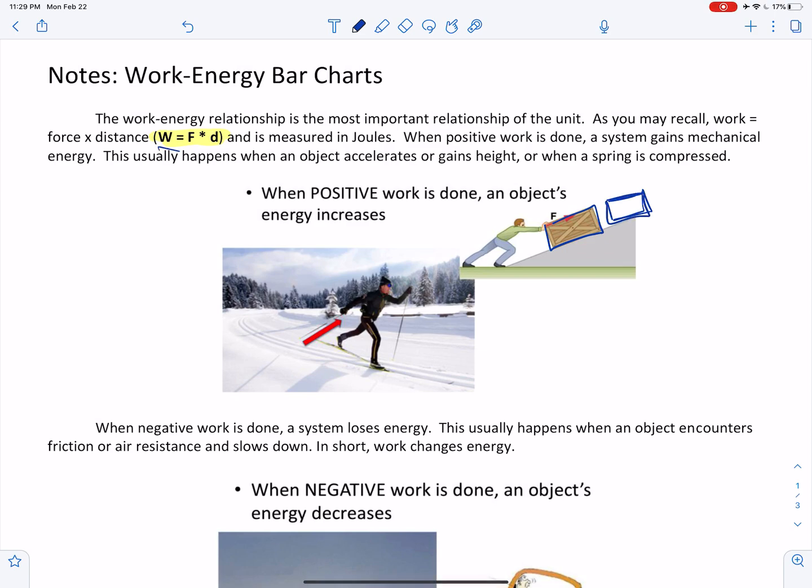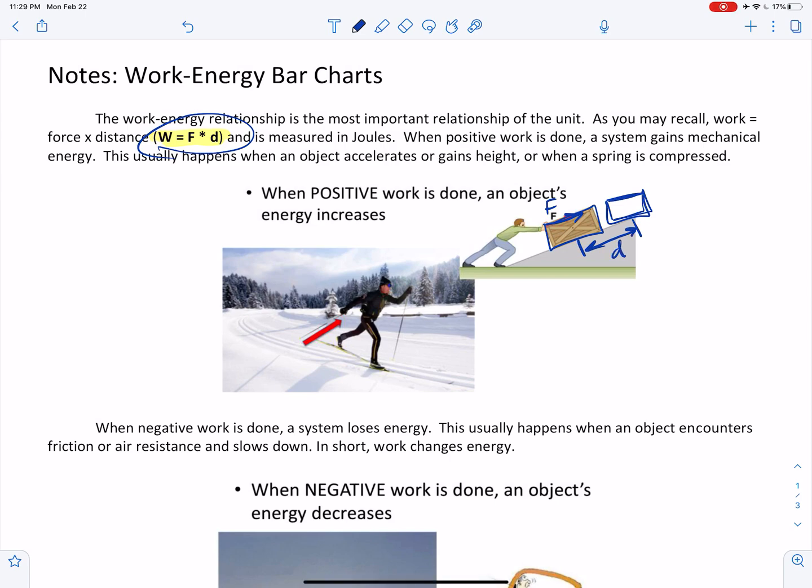So when we say that work is force times distance, what we're talking about is this applied force that the person is putting on the box, which is being drawn here, times the distance that it's being moved. So if I compared the center of this box to the center of its final position, that distance would be the distance that it's moved.